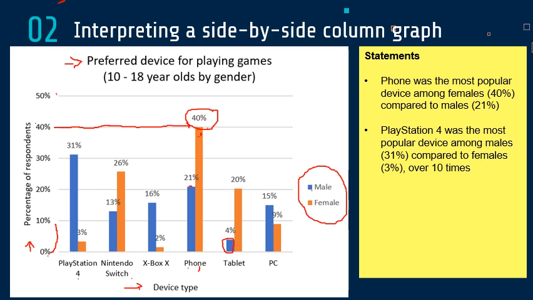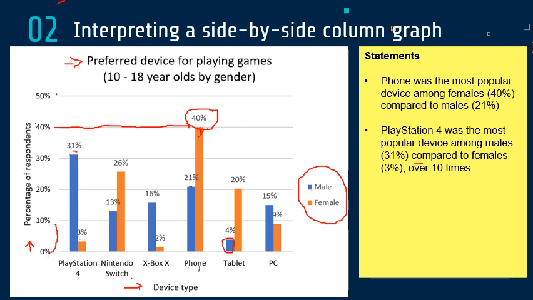Conversely, I can see that PlayStation 4 was the most popular device among males, so 31%. And then I'm also going to make a comparison compared to 3% of females. So I'm making sure I'm looking at both of these columns here, so I can make a comparison there. So not only am I comparing this 40%, this 31%, this was the most popular choice among females.